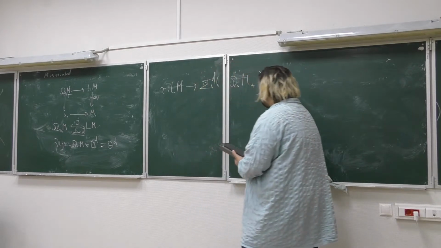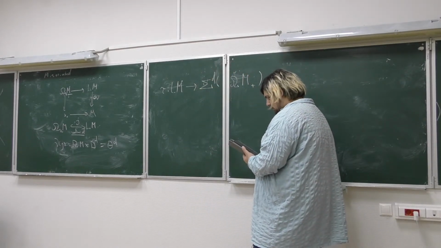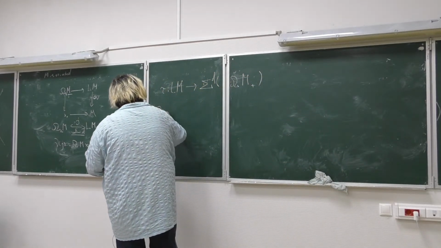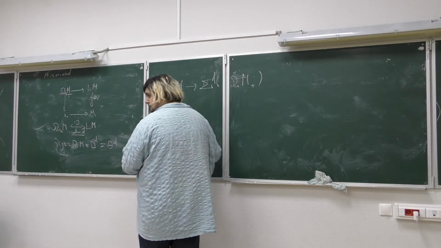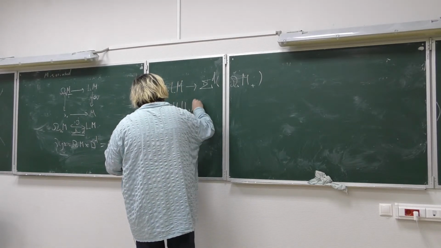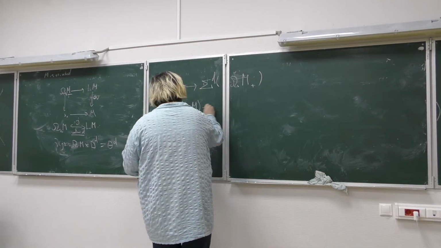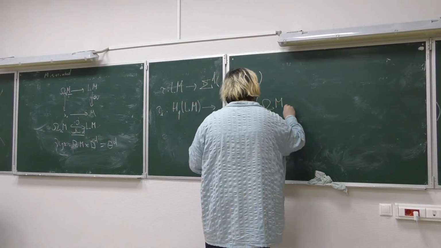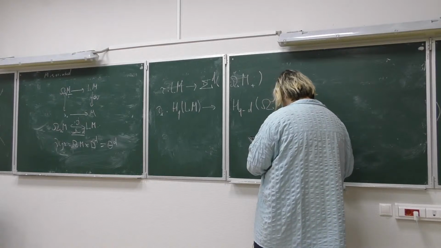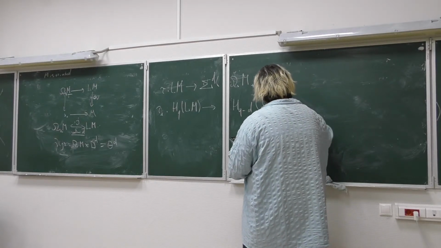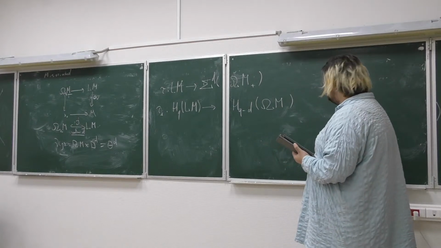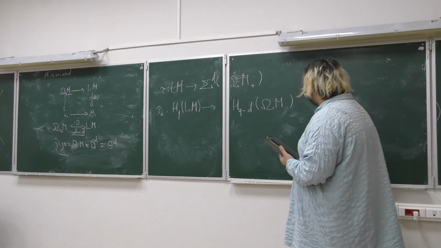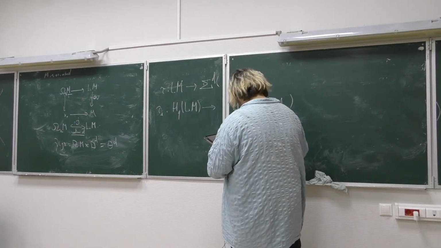M plus is M with a disjoint base point. So we have a homomorphism in homology. This plus disappeared because we applied the suspension isomorphism, and we got here what we got.